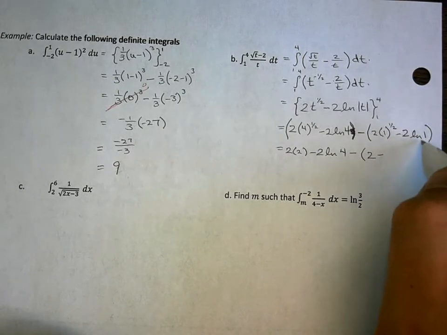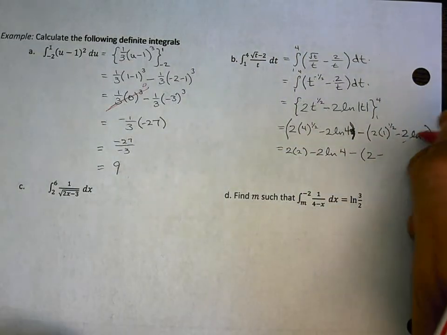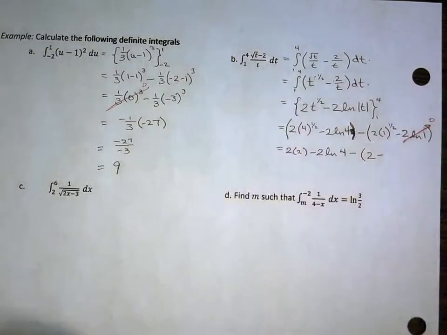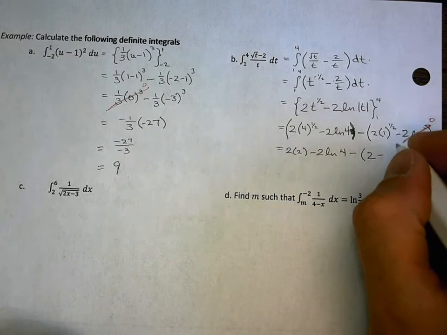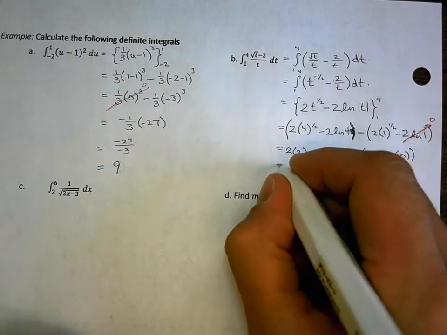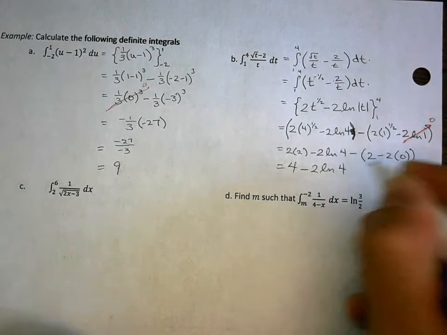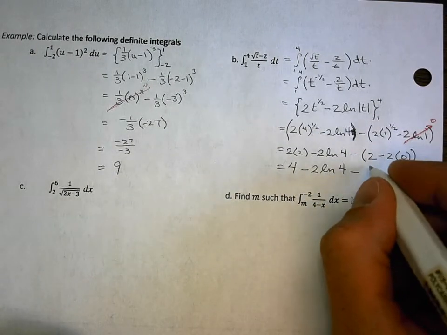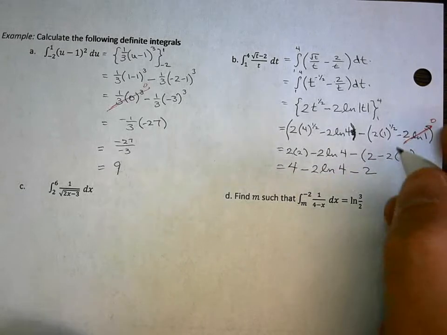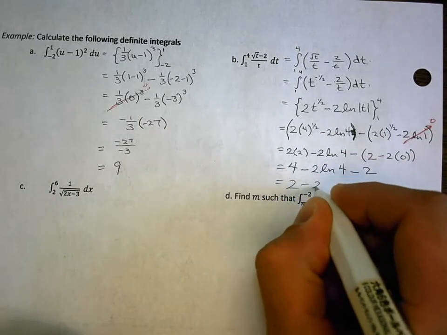I mean, really, this is saying e to the power of what gives me 1. If you don't believe me, check on your calculator, but it's always 0. So this is going to be 2 minus 2 times 0. So this gives me 4 minus 2 ln 4 minus 2. So my final answer is 2 minus 2 ln 4.